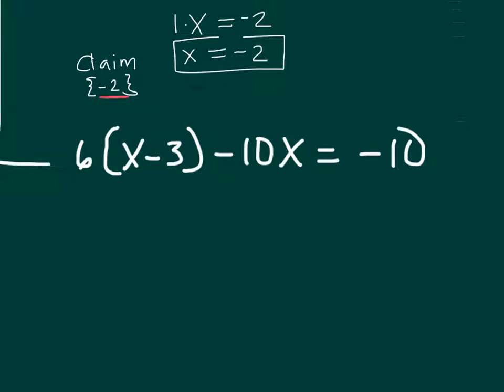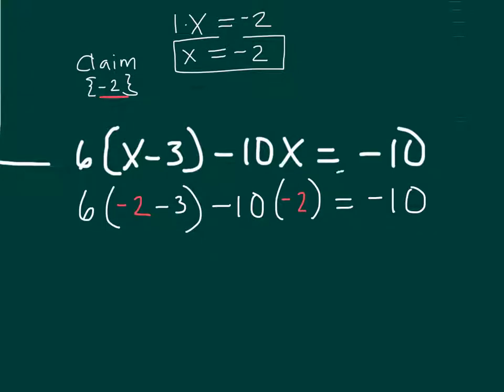I'm just trying to color code things here, hopefully the colors help. 6 times, what's x? -2 minus 3 minus 10 times -2 equals -10. I need that question mark there because you're determining if this is correct.